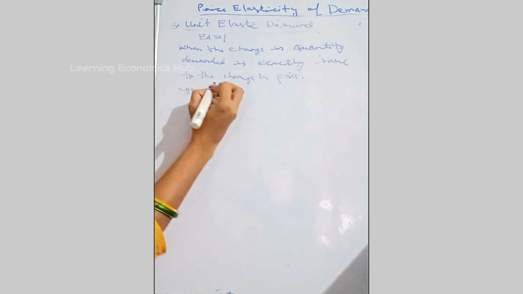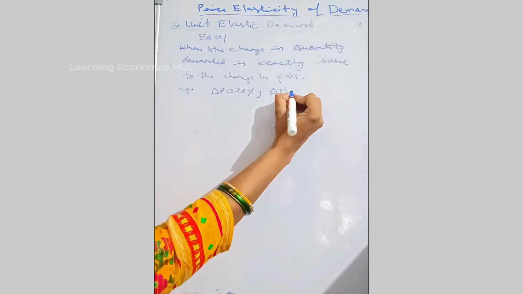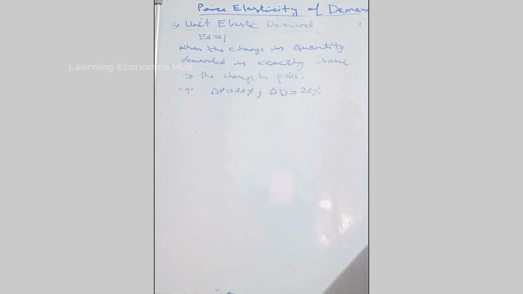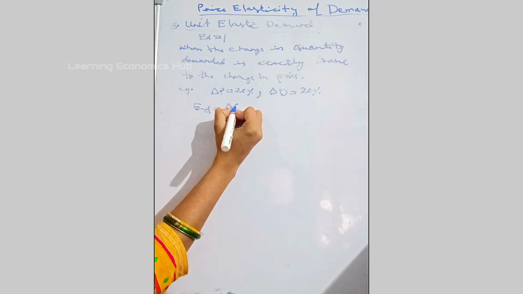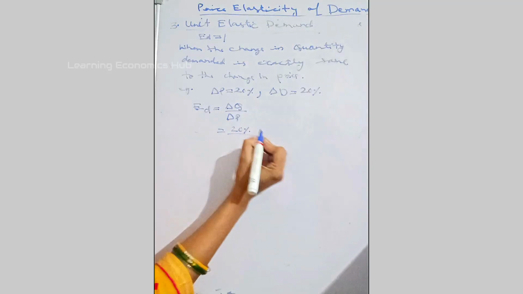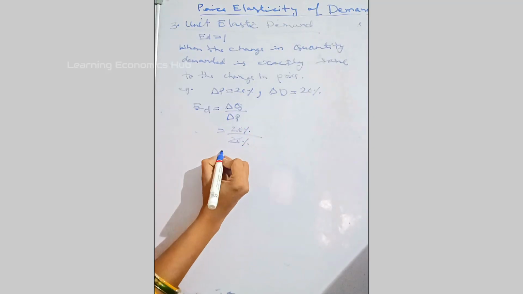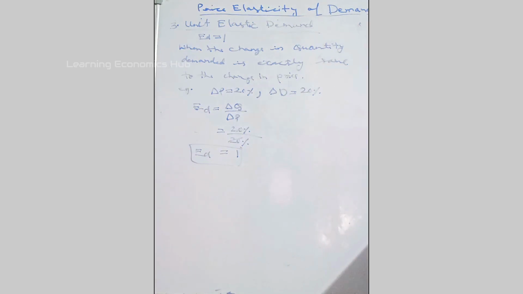For example, change in price is 20% and change in demand is also 20%. ED is equal to del Q upon del P. Del Q is 20%, del P is 20%, so 1. It means ED is equal to 1.